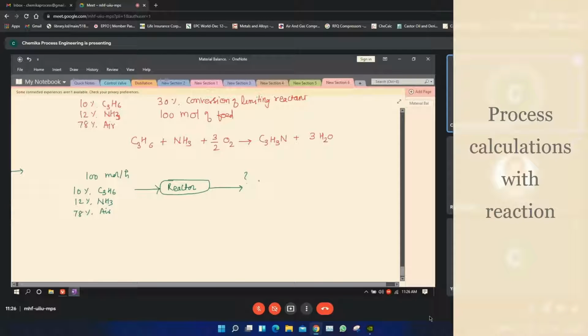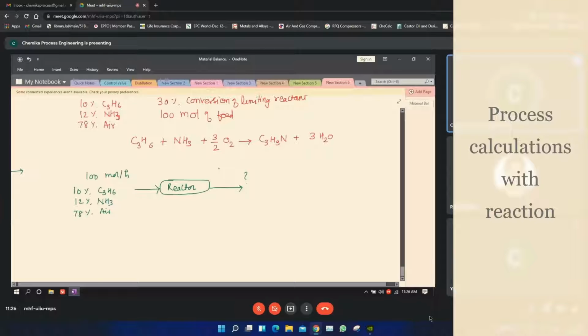Will the flow rate be the same? Here also we will have 100 moles of flow rate? Ideally it should be, but the mass flow rate will be the same, sir.